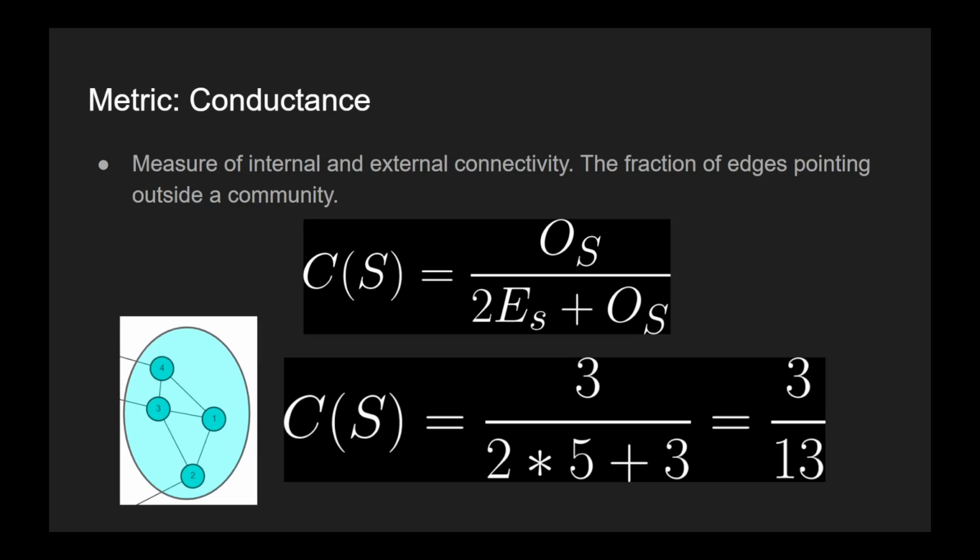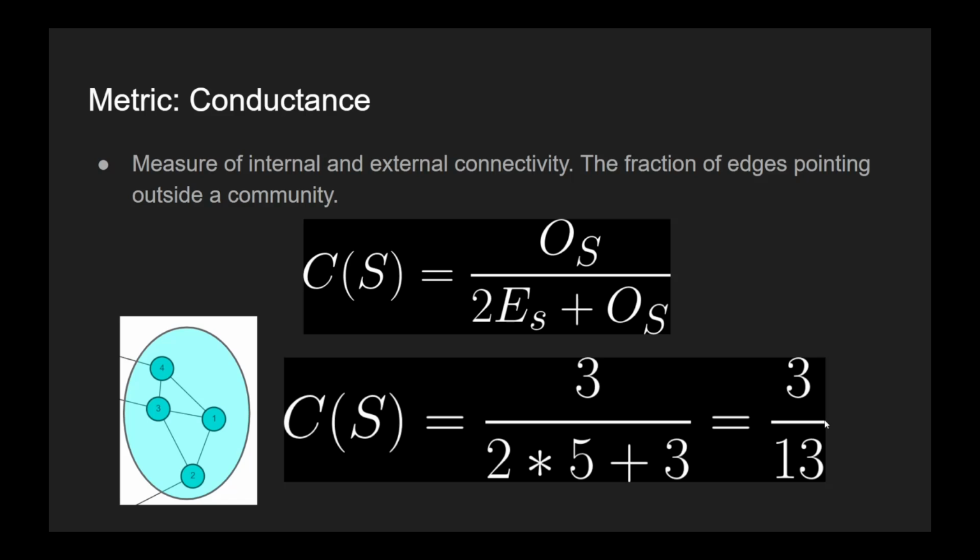Let's look at conductance on the same example graph. And again, conductance is a measure of the internal and external connectivity. It's a fraction of edges pointing outside a community. The equation is given here. O sub s is going to be the number of edges pointing out of the community, and that's going to be divided by the total edge volume, which is the number of edges pointing outside the community, and 2 times the internal ones. And in this case, that gives us 3 over 13.